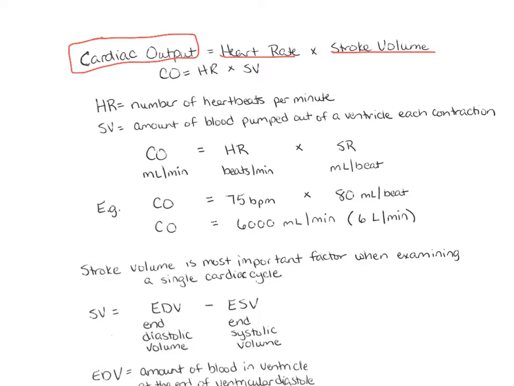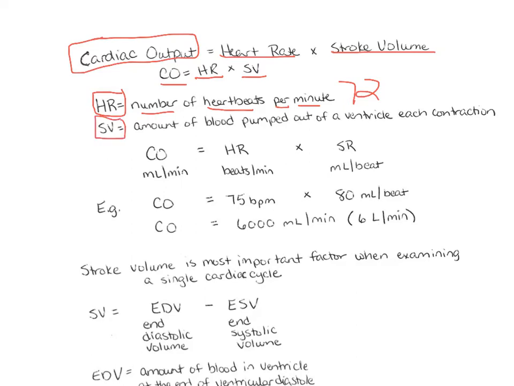So CO, cardiac output, equals heart rate times stroke volume. The heart rate is the number of heartbeats per minute, which on average is somewhere around 72. That's about normal, 72 heartbeats per minute, at rest, right? With exertion, it's going to go up.